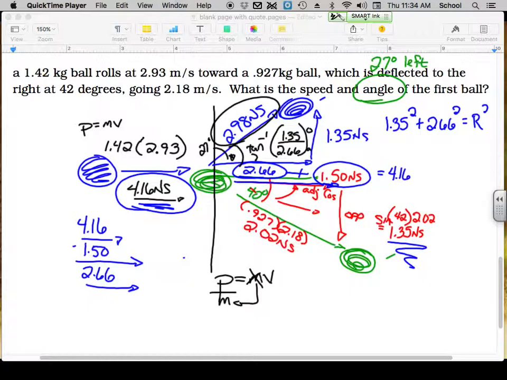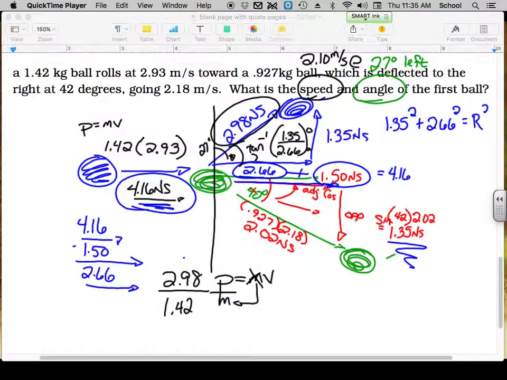So I take the P that we figured out, 2.98, and we divide it by the m. And again, which m do I use? Well, if we're talking about the blue ball, we need the blue momentum, we need the blue mass. And the blue mass, of course, was 1.42. So if we take the 2.98 divided by 1.42, that gives me a total of 2.10. So the speed is going to be 2.10 meters per second at 27 degrees to the left. And that's all we got to do.